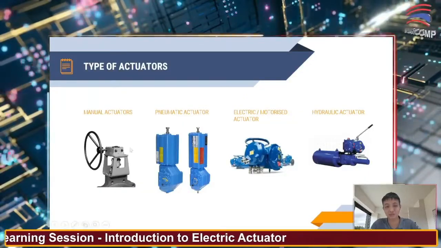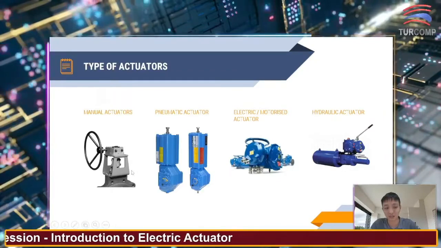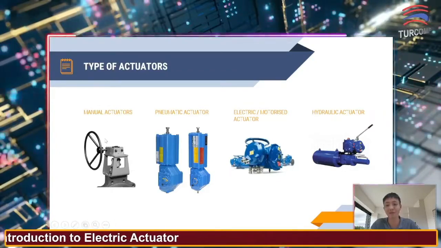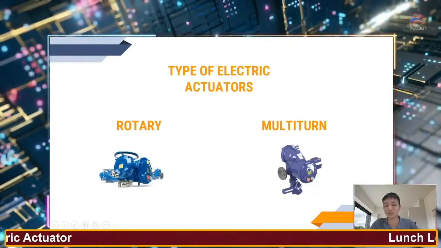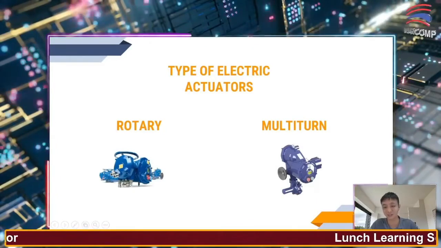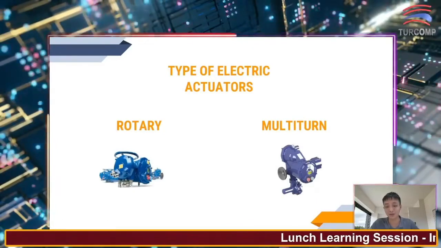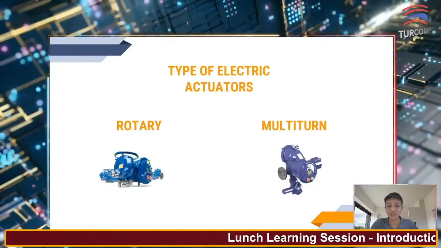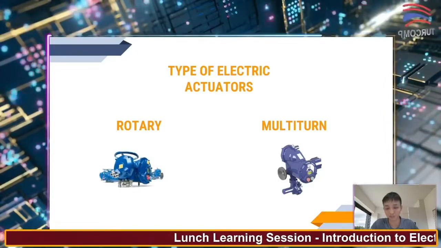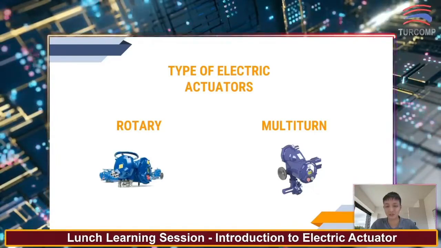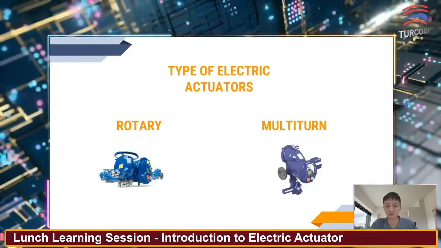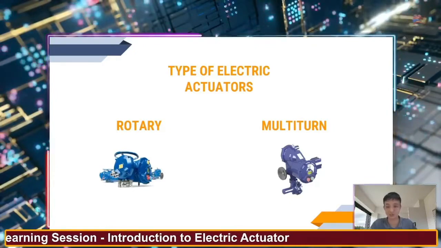It looks similar to the manual actuator, but instead of using the hand wheel to turn round and round, we attach this multi-turn motorized actuator. By doing this, our size will be much smaller, and of course the cost will also be reduced.